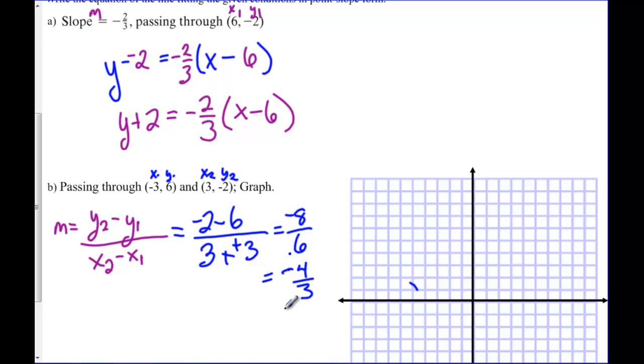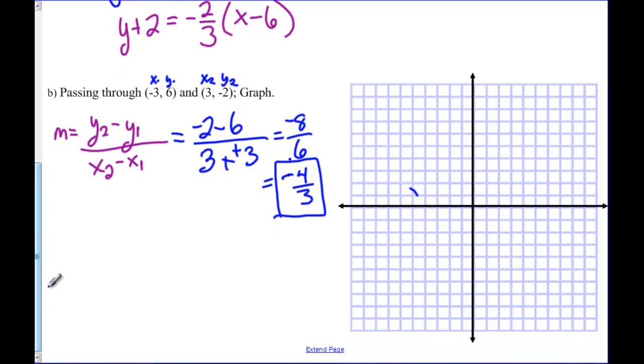All right, so now we got our slope, and we need a point. Doesn't matter which one. I am going to pick the first one, though, just because I already labeled it x1, y1. So it kind of makes sense to go ahead and plug that in. So to try to reduce confusion, remember, it's y minus y1 equals m onto x minus x1.